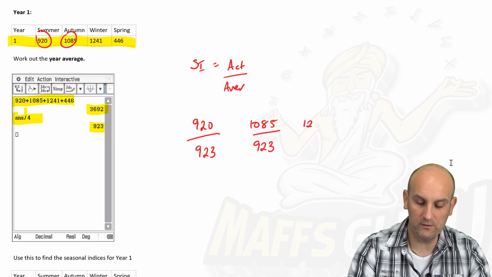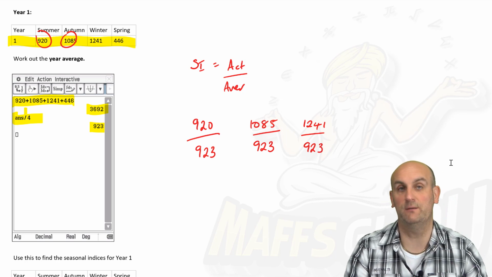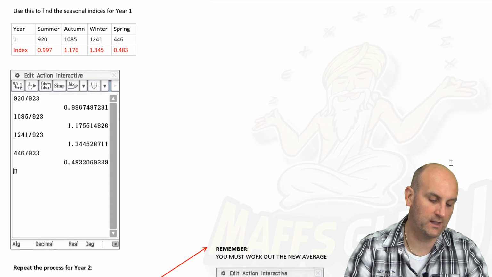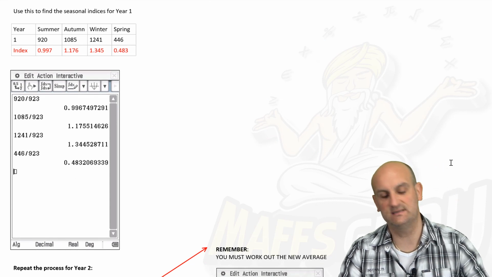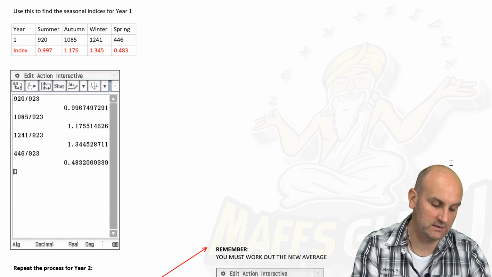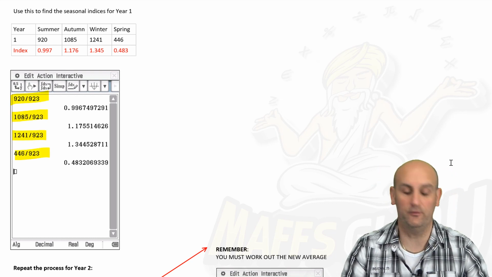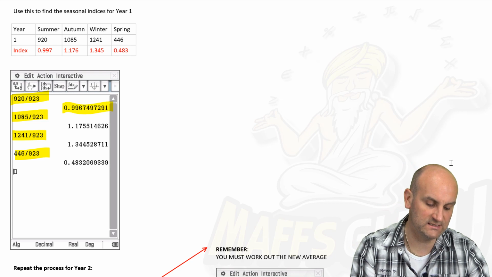For winter, 1241 divided by 923, and obviously the same for spring, but with its values. And ladies and gentlemen, when I do this, up comes my table of seasonal indices. And just so you can check your own calculator working, here were my original values, each of which I've divided by 923. And there we go, we have my seasonal indices.